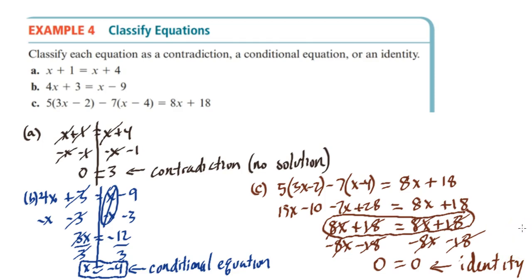All right, so those are the 3 different classifications for an equation. You can either have a finite number of solutions, which is conditional equation. You can have no solution, which will give you a contradiction, or there's an infinite number of solutions, which is identity. All right, let me know if you have any other concerns, and I'll be more than happy to help.